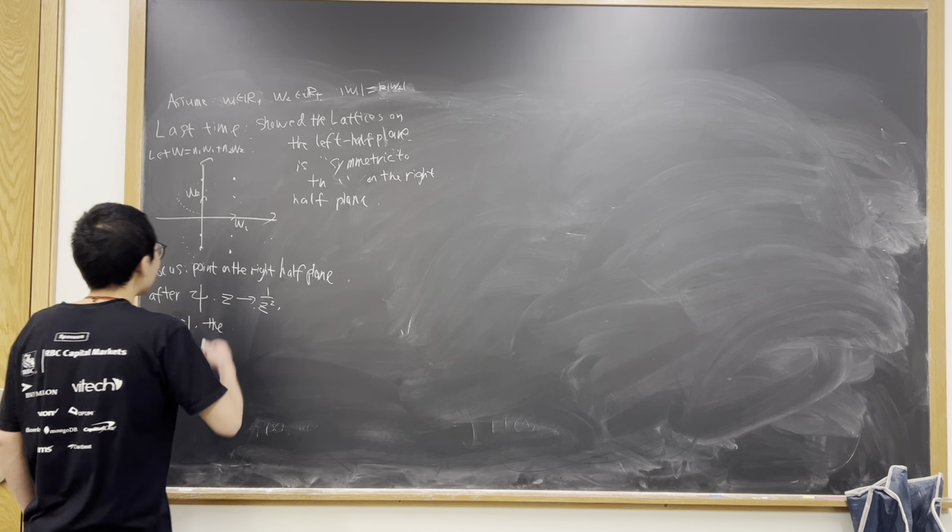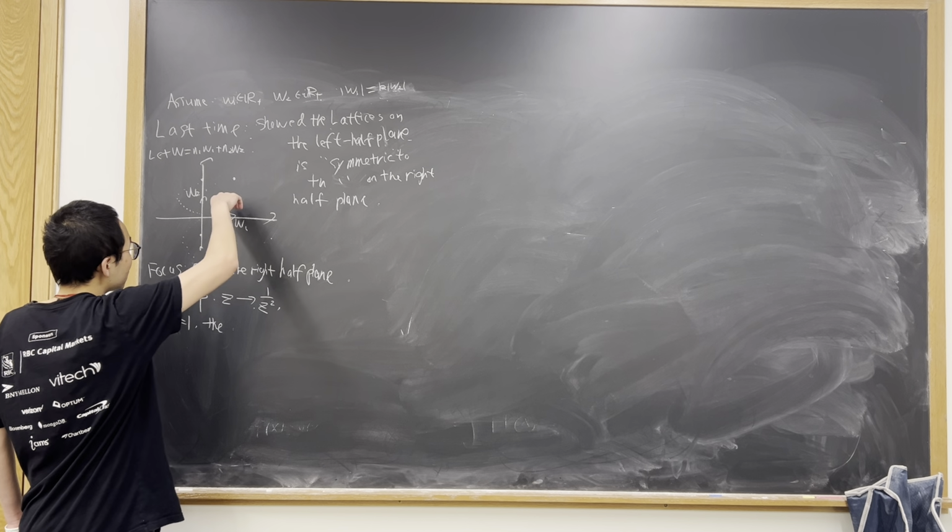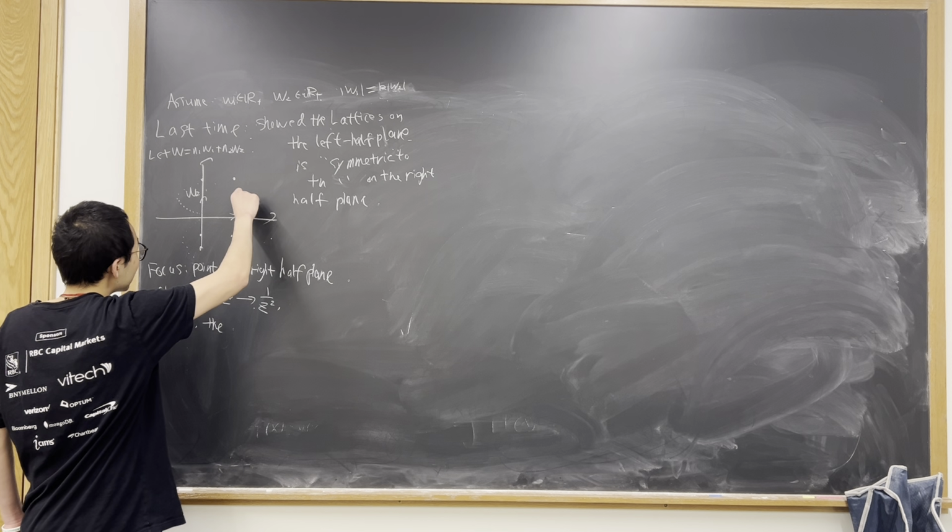So basically, I can divide the whole line into the positive part and negative part, right?